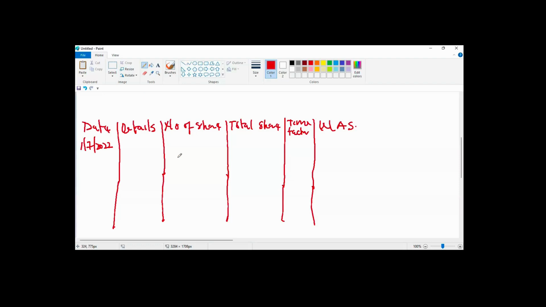Opening balance. So what is the opening balance of our shares in the question? Give me the opening balance of the shares. They've given it.